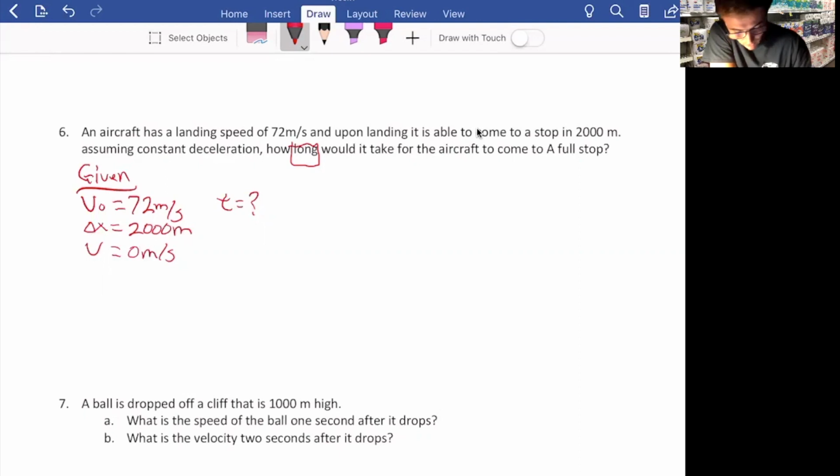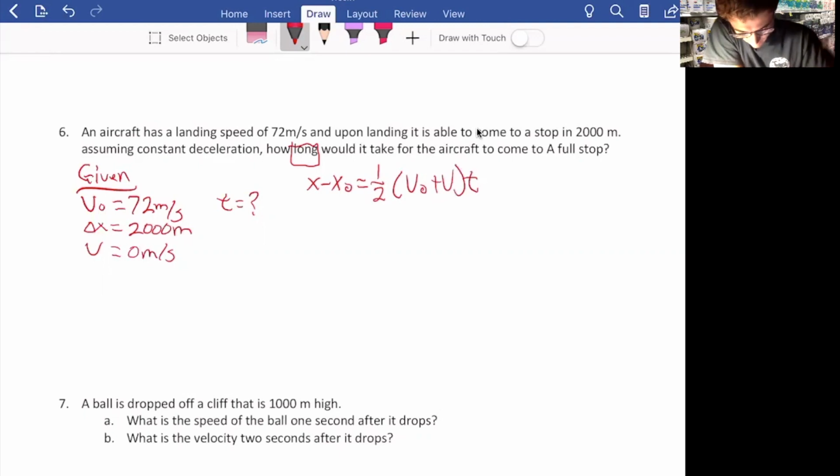But we don't have the acceleration, so we're going to use this equation right here: x minus x initial equals 1/2 times v naught plus v, times time. Then just plug and check.